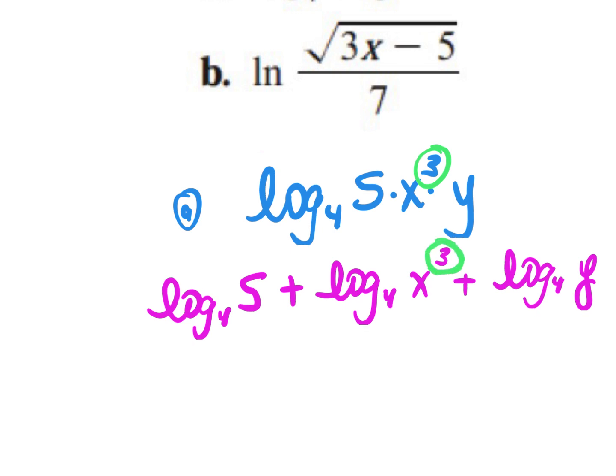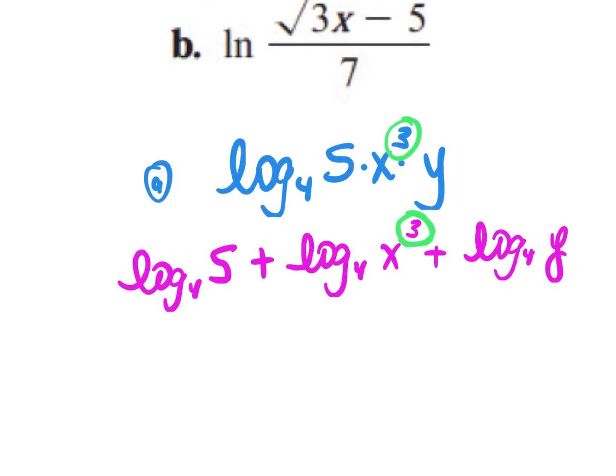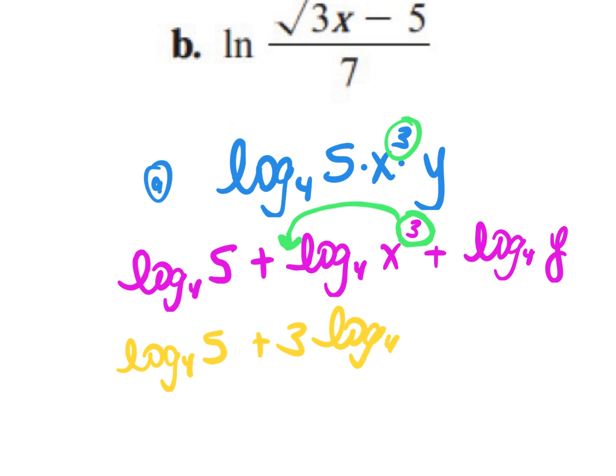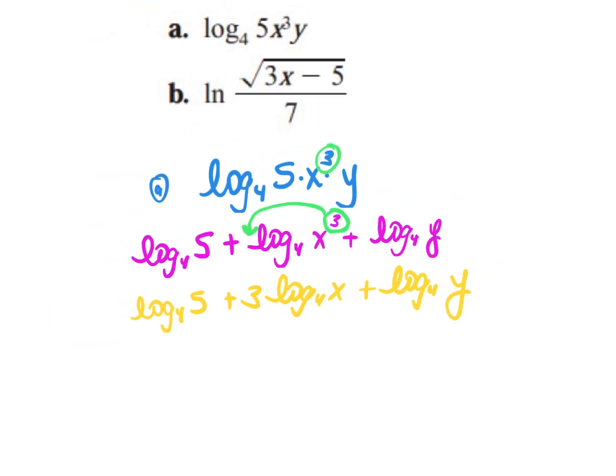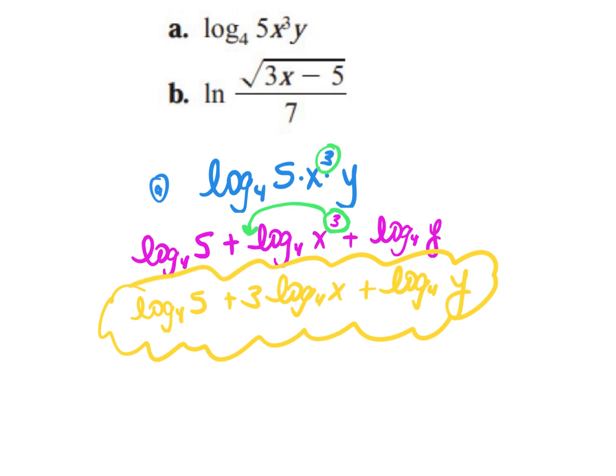What does this exponent need to become? It needs to come right here. I need to write it right there. So I'm going to rewrite this as log 4 of 5. My exponent becomes a coefficient, so plus 3 log 4 of x plus log 4 of y. And there is your answer.